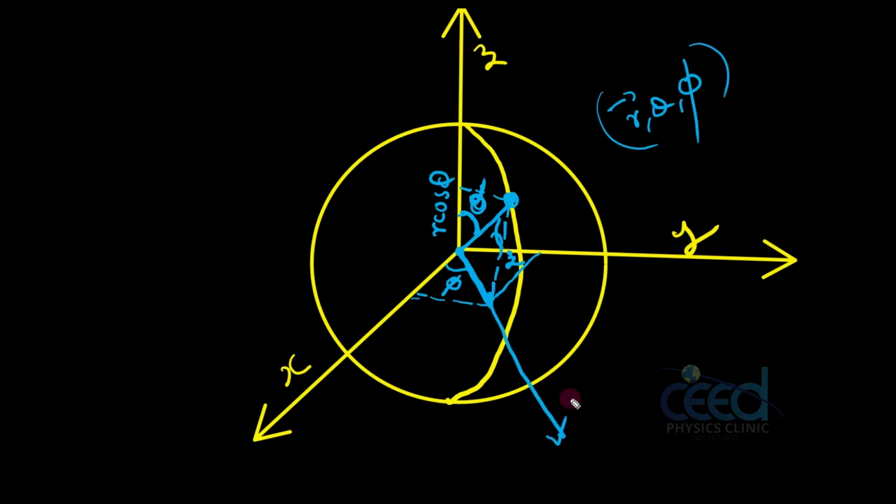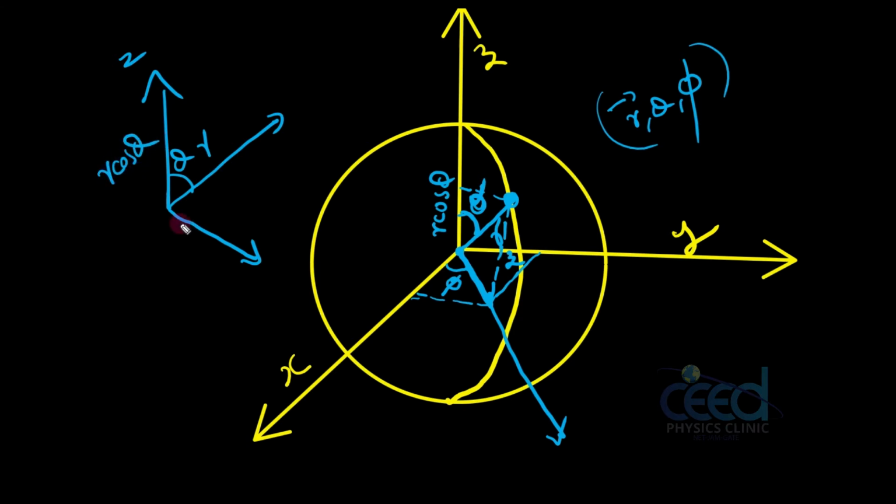Here r cos theta is along the z-axis. I am drawing this perpendicular vector, and this is our r. This angle is theta, so I can write z as r cos theta.